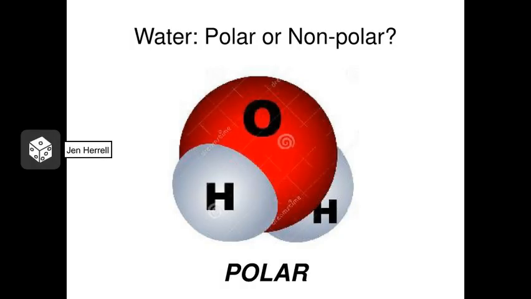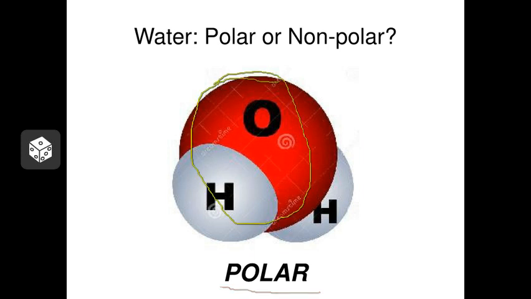Now, of course, you learned in the last chapter that water is extremely polar. That means it's extremely lopsided. Within a water molecule, the oxygen and the hydrogen atoms can share the electrons, so they can zoom around the oxygen. They can also sometimes zoom around this hydrogen.